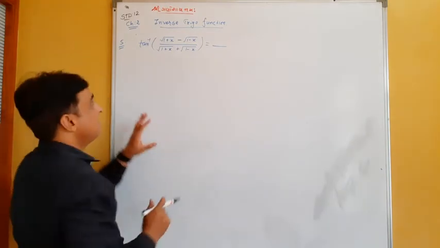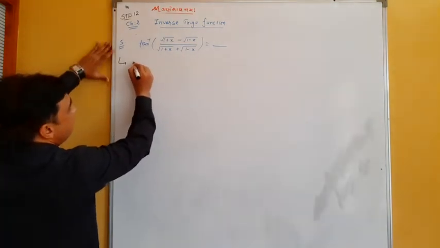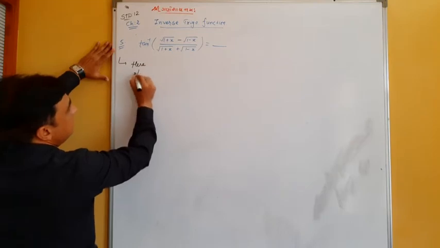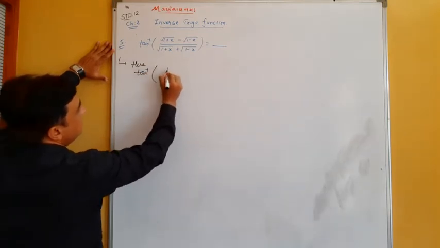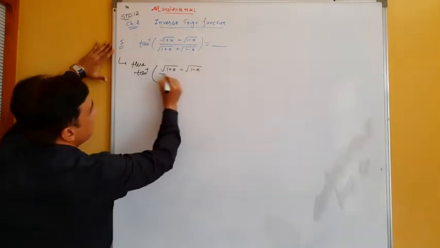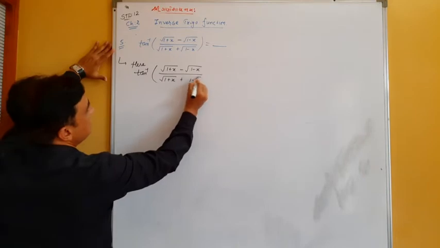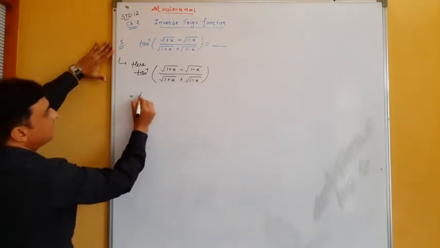So now see here, tan inverse of (√(1 + x) - √(1 - x))/(√(1 + x) + √(1 - x)).